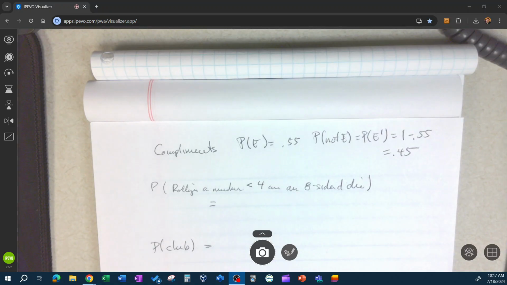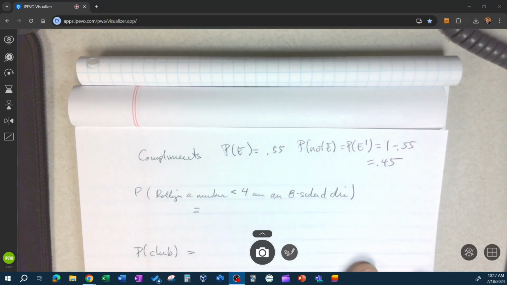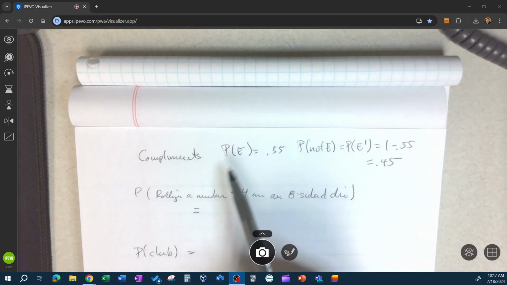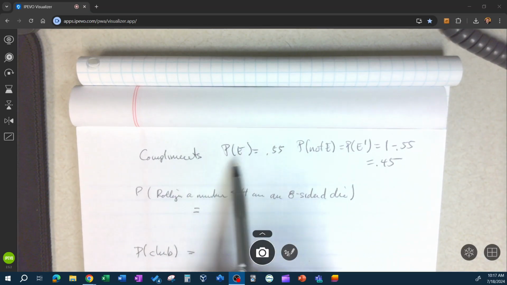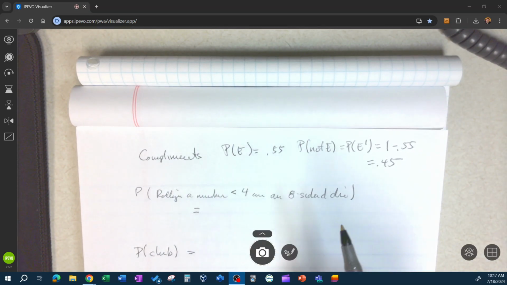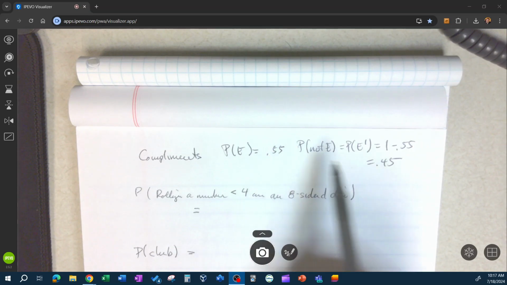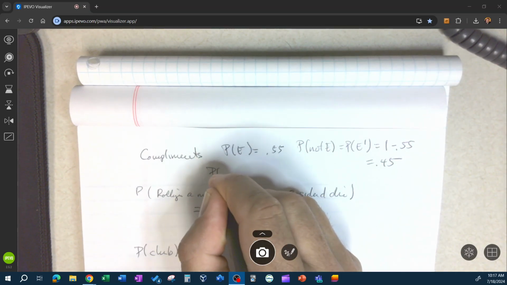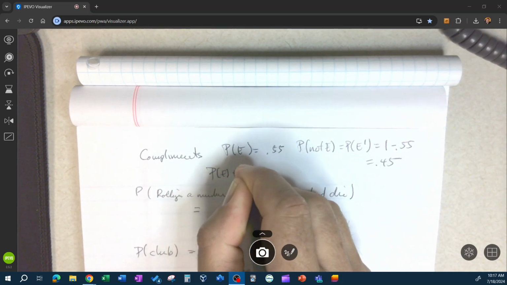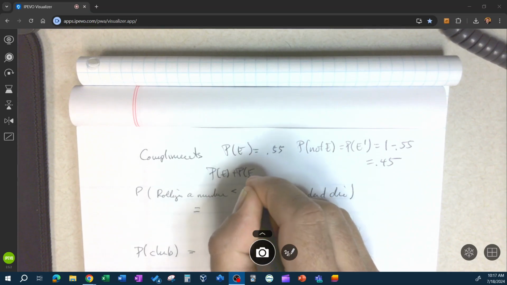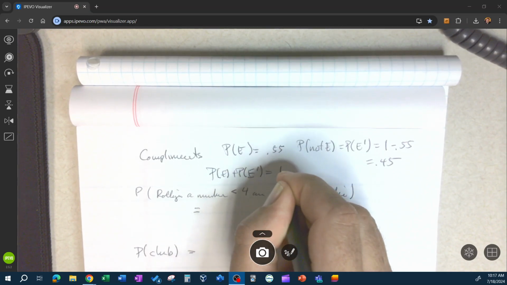All right, so let's see if this works. Just remember that the complement of an event is just like the probability of an event plus the probability of the event not happening is equal to 1.